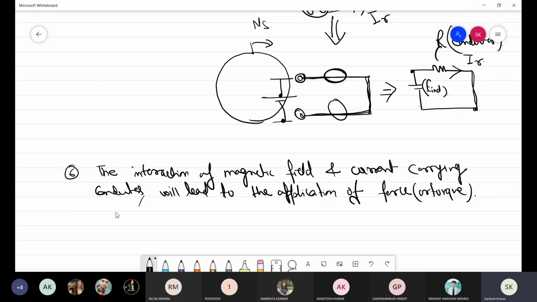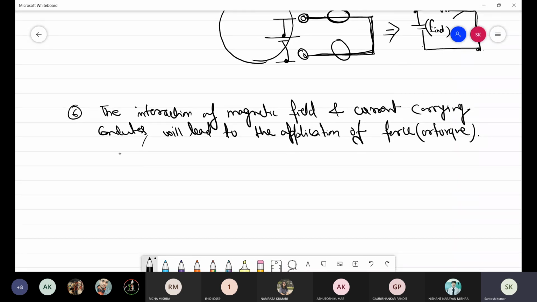We define the Lorentz force. Lorentz force कैसे define होता है? What is the Lorentz force?